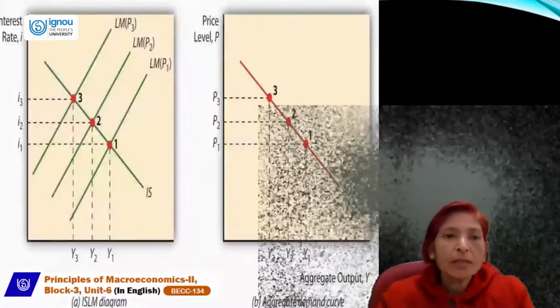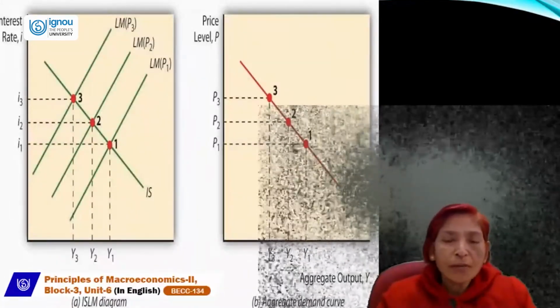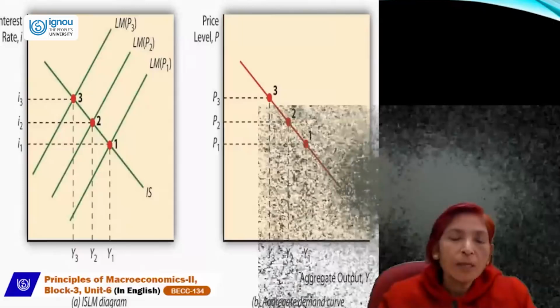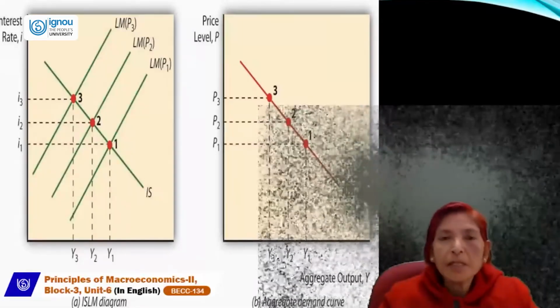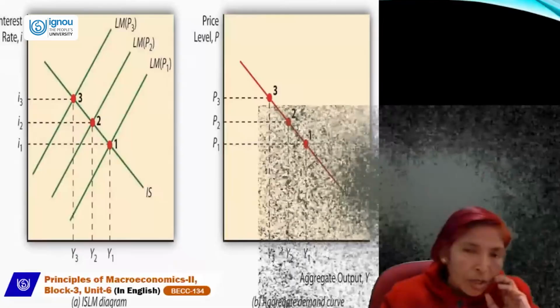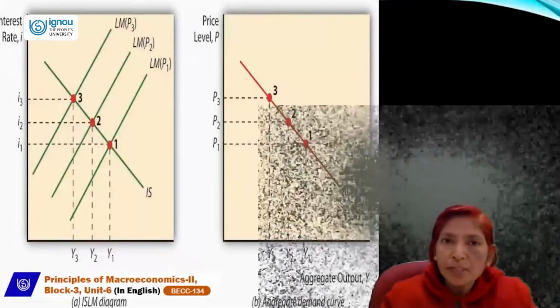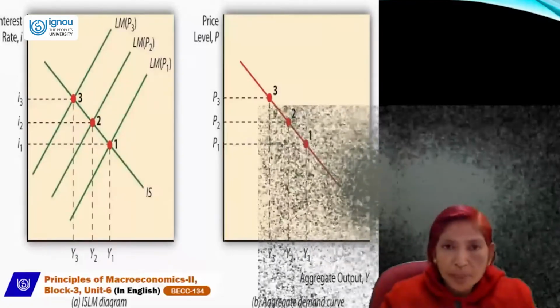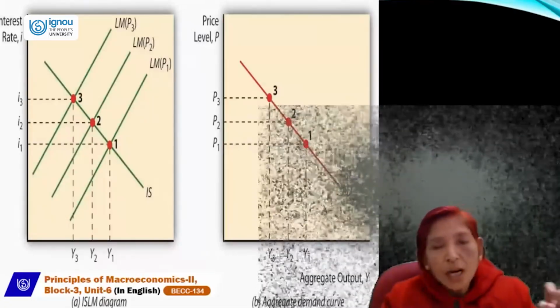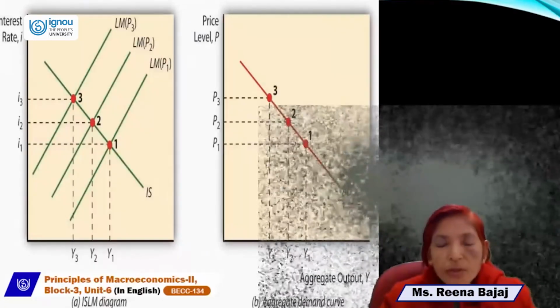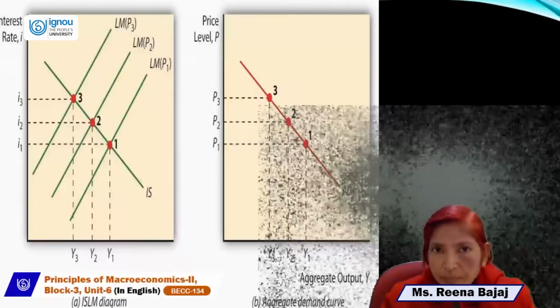Now here is the derivation of the aggregate demand curve with the help of IS and LM curve analysis. You know that the IS curve, IS is investment. I means investment, S means saving. The IS curve shows goods market equilibrium.